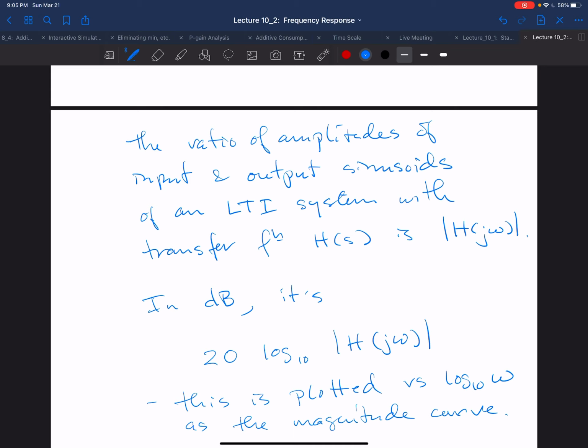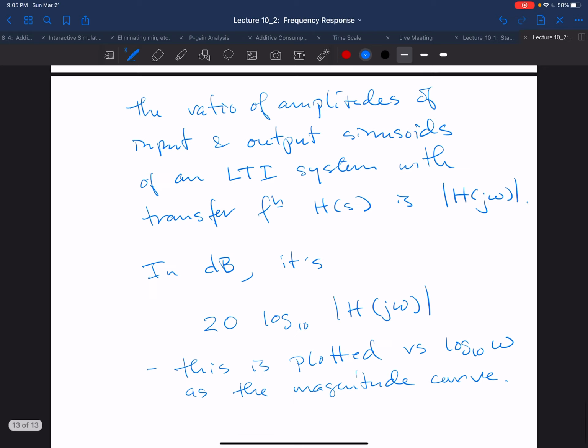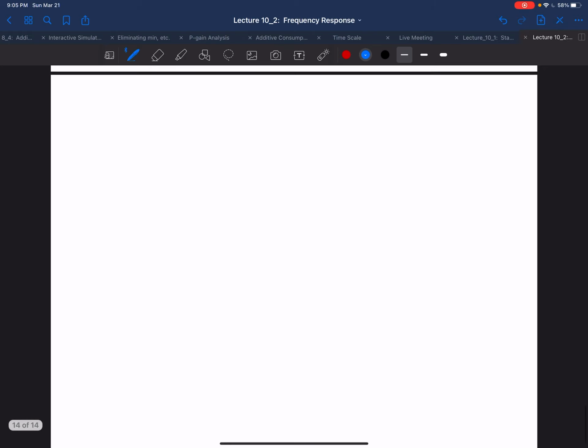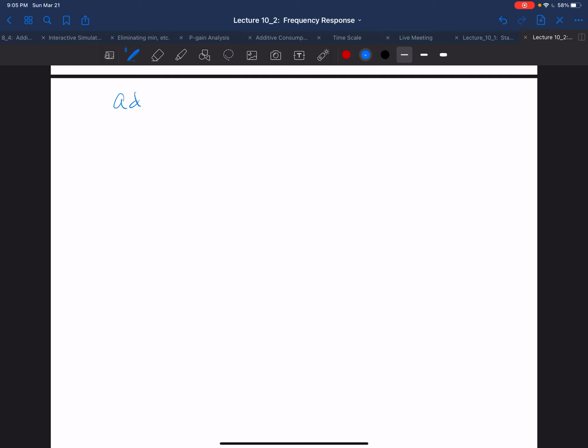So that is the magnitude curve that we're going to plot. As I said, part of the motivation for this is additivity. We know that if H(s) equals H1(s) times H2(s), we add the angles of H1(j omega) and H2(j omega) to get the angle of H(j omega).